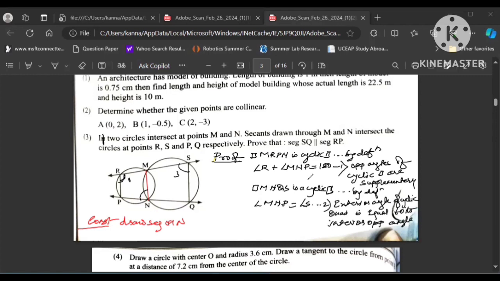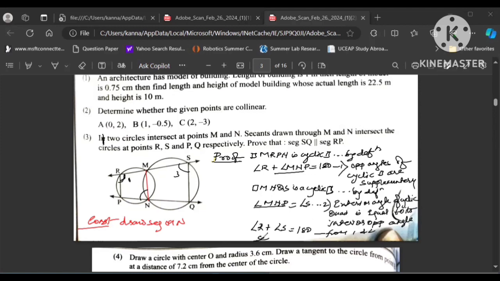Now what will happen, children? Therefore, in place of angle MNP, I'll put S. Therefore, angle R plus angle S is equal to 180 degrees from 1 and 2. But look at this R and S. Don't you agree they're interior angles? Therefore, interior angles are supplementary. That means these two lines are parallel.